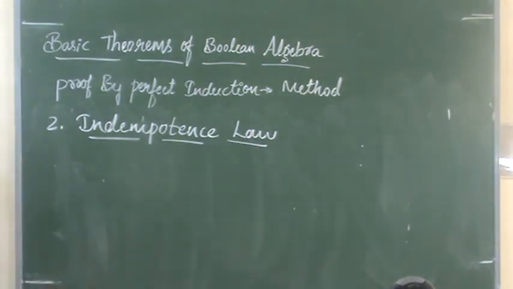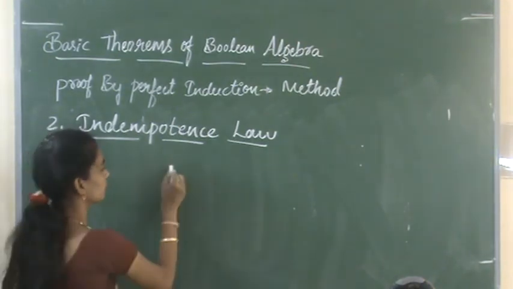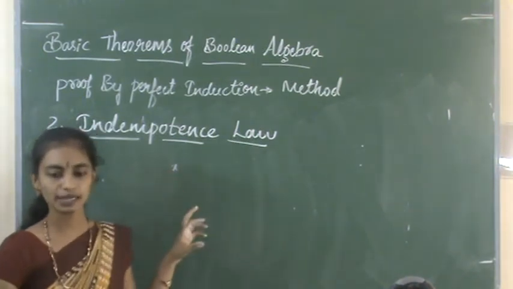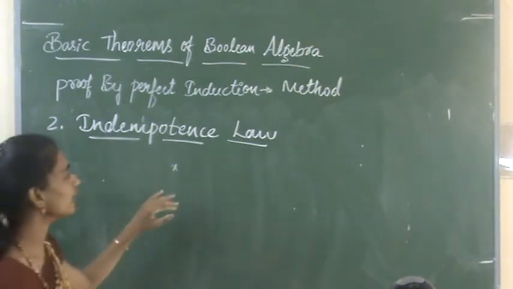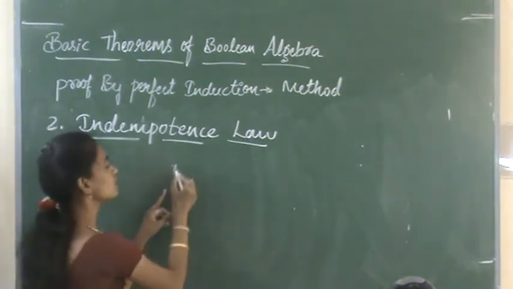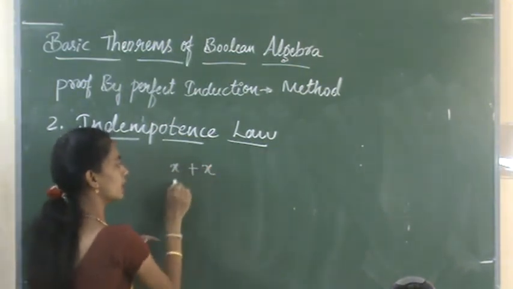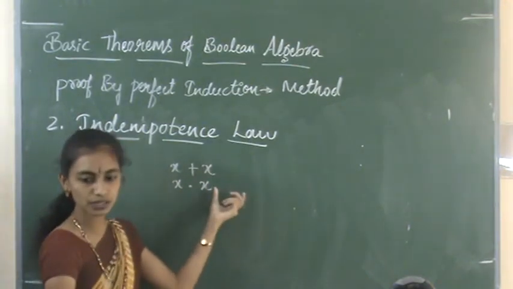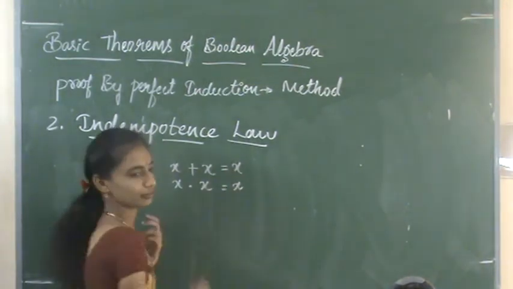So what does this law state? Suppose we take the variable generally as x, right? When this variable is combined with itself, that is, if this x value is combined with x only, we will get the result as x itself.